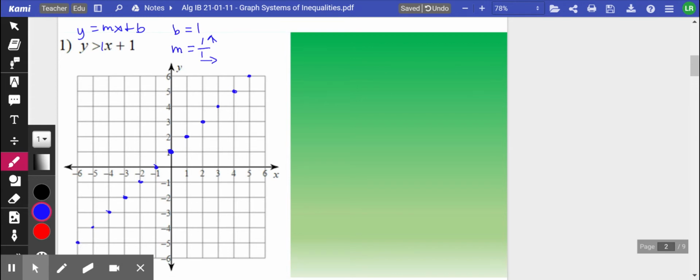Now, the next part is looking at this inequality sign. Okay, we have y is greater than. If it's missing the or equal to line, this would be a dotted line. And then since it's greater than, we are going to shade up. We have to remember those things when we do this. So I need my dotted line.